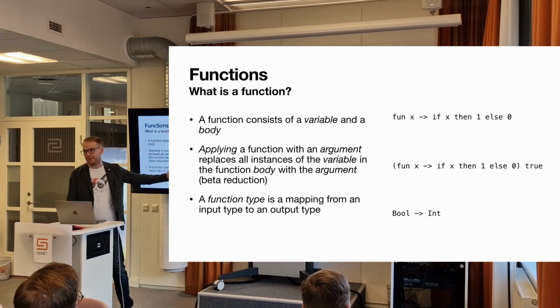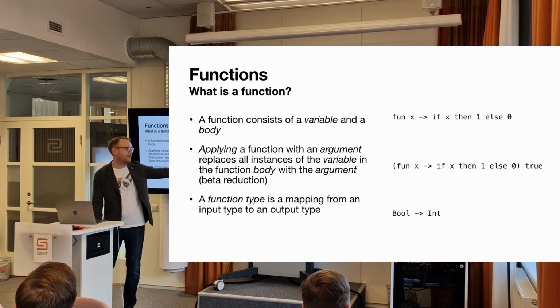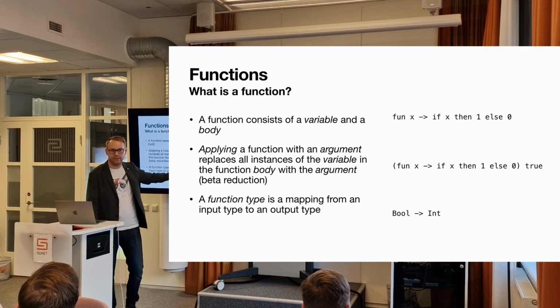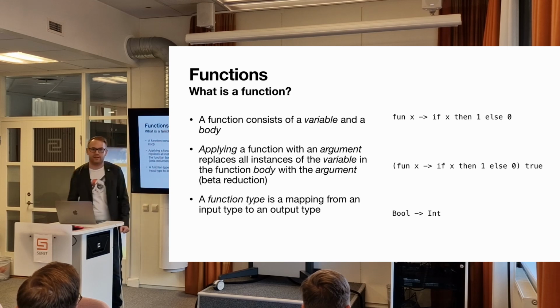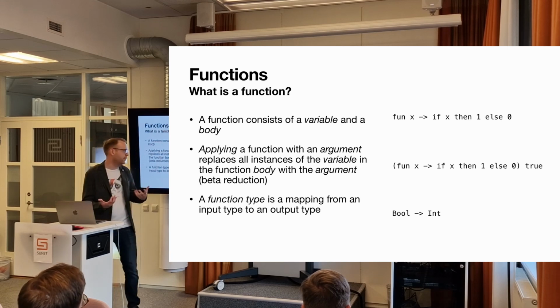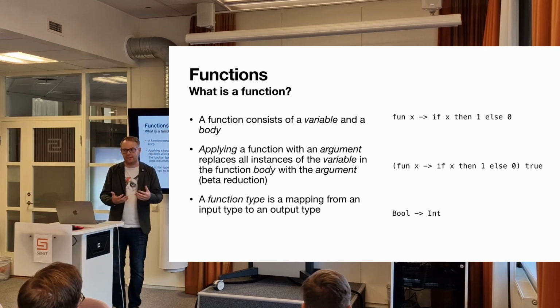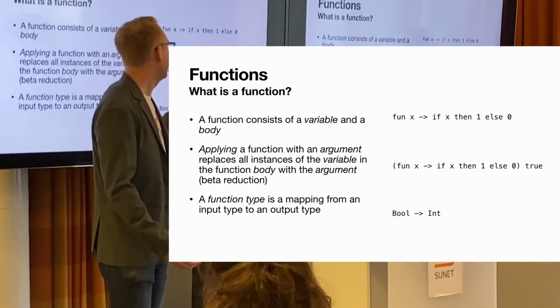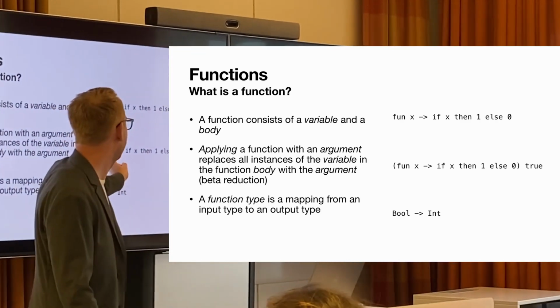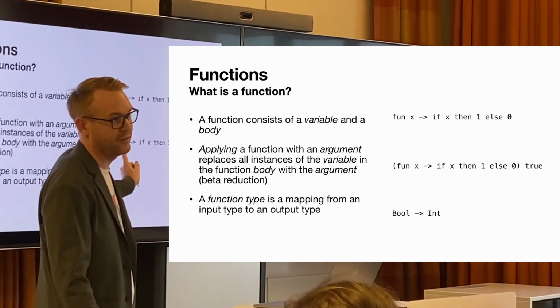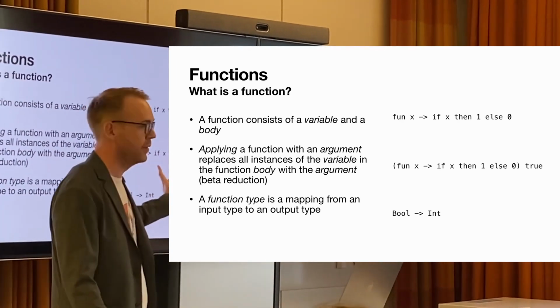Then we have function application, which means given a function, apply it to the argument. What actually happens under the hood is, if I apply this function to the argument true, then everywhere an x occurs in the function body, replace x with true.